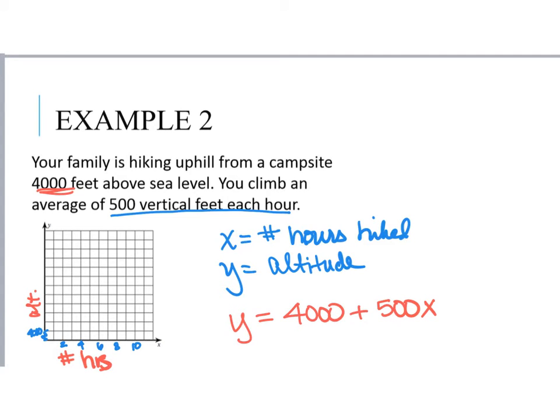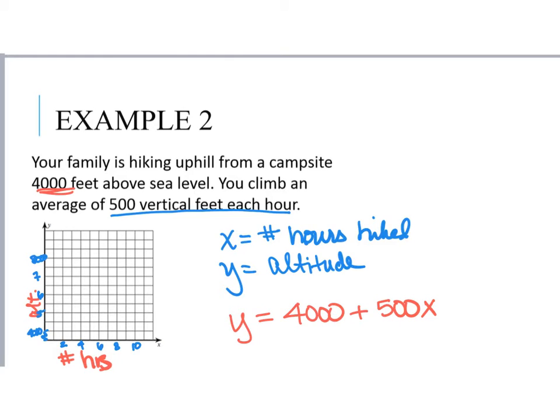Then the next one will be 4,500. So I'm just going to put 5 for 5K. Then be 5,500. This would be 6,000, 6,500, 7,000, 7,500, 8,000, and so on.